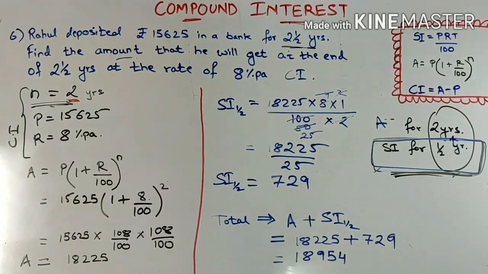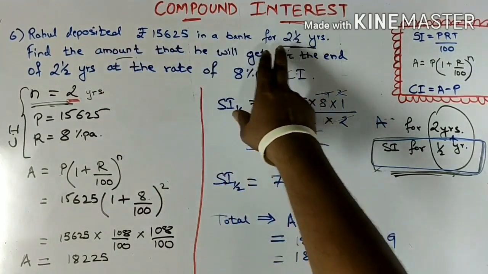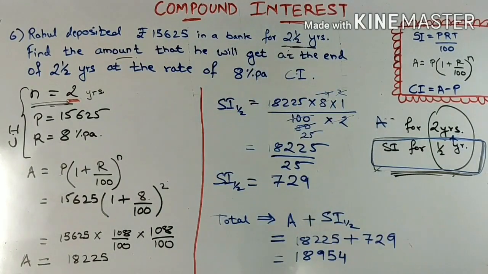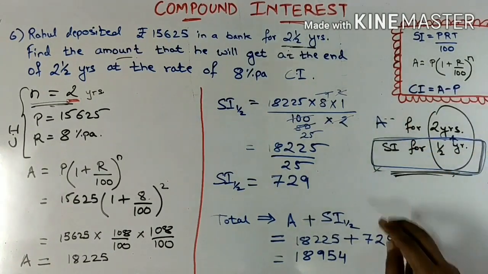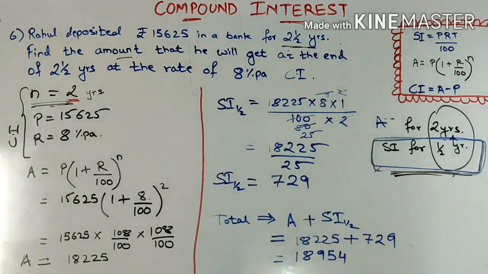So let's revise the sum again. Since the tenure was 2.5 years and in the compound interest amount formula we have tenure in the exponent, we cannot write half in the exponent. Hence we divided the sum into two parts.